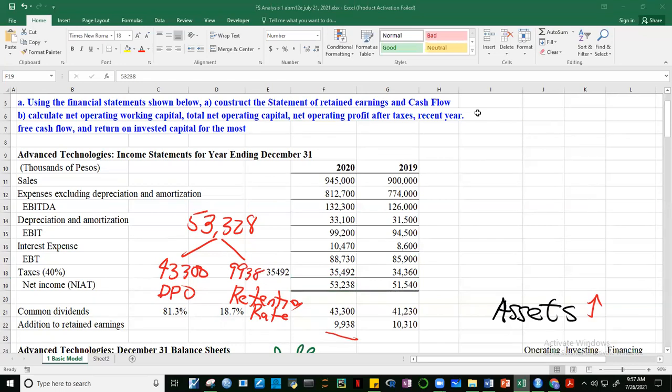Okay. Syra, i-share mo sa lahat, no? Okay, you're correct. Depreciation and amortization, di ba? Kasi ang depreciation and amortization, yung non-cash expense yan eh. Yung expense, mina-minus natin yan to arrive at the net income after tax. So, anong gagawin natin?